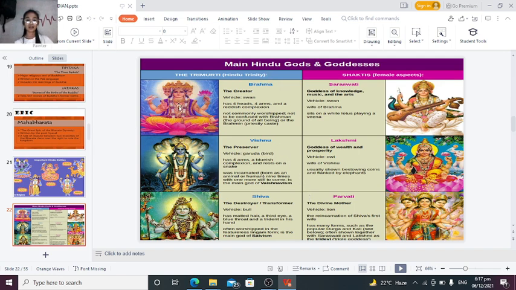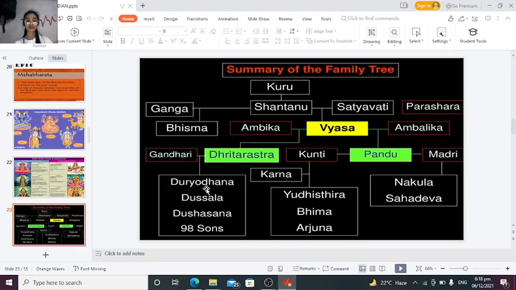We have here Brahma, which is the creator, Vishnu, the preserver, Shiva, the destroyer or transformer, and Saraswati, the goddess of knowledge, music, and arts, and Lakshmi, the goddess of wealth and prosperity, while Parvati, the divine mother. They are the Shakti's female aspect, main Hindu gods and goddesses.